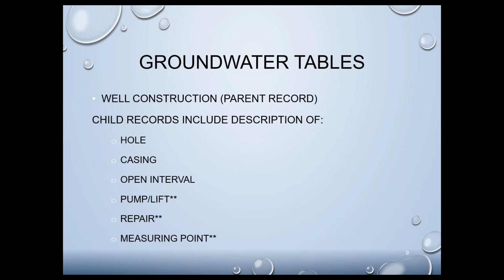Those child records include the hole description, the depth, the diameter of the hole drilled, the casing material, the casing depth, the casing diameter, and the open interval, where the well is open to the aquifer. It also describes what type of opening it is. Is it a screened well? Is it a steel screen, a PVC screen? That type of information gets stored in these tables.